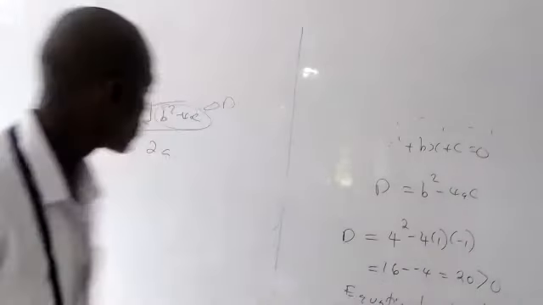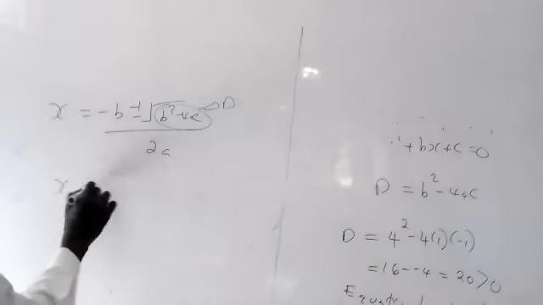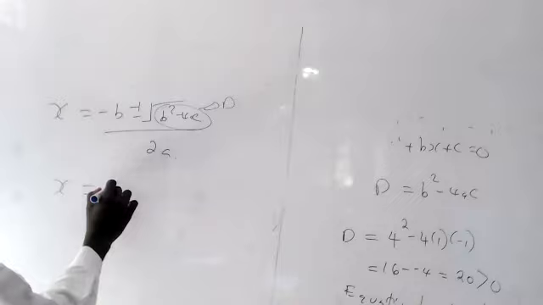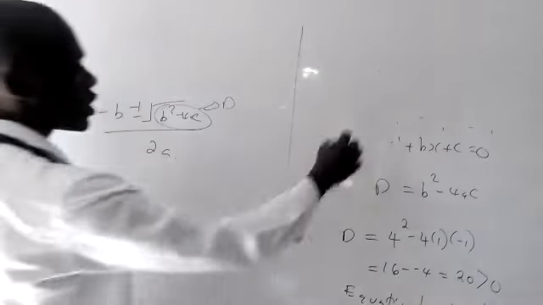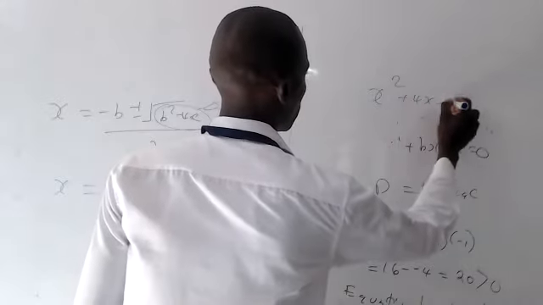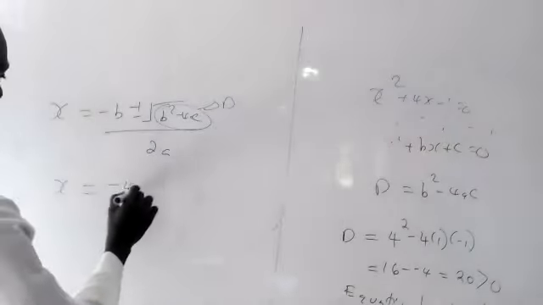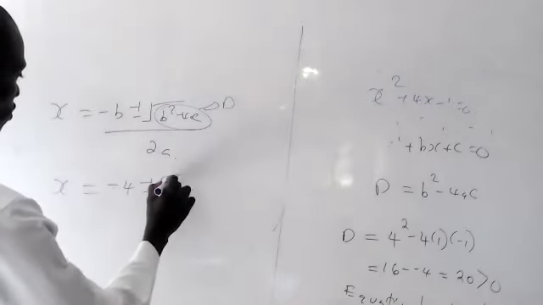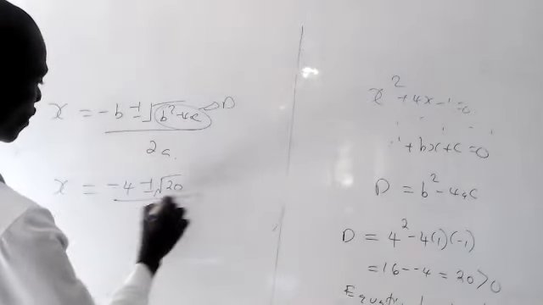Yes, I can hear you. x is going to be minus... what was the equation? x squared plus 4x minus 1 equals 0. That means b is 4. So it's going to be minus 4 plus or minus the square root of 20, divided by 2.